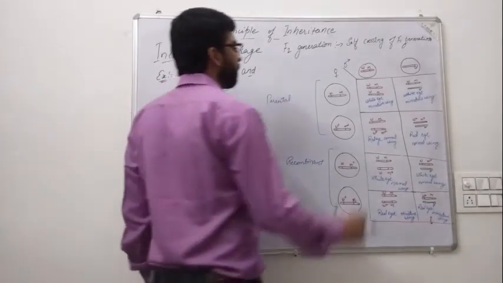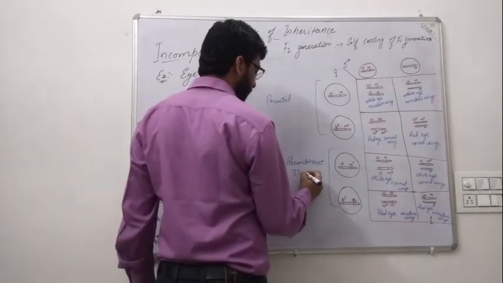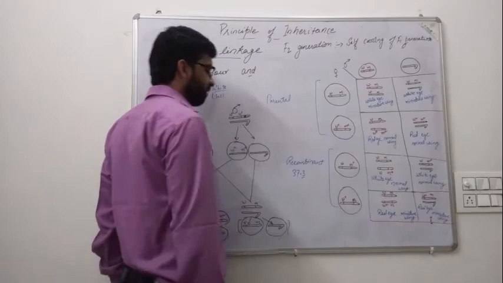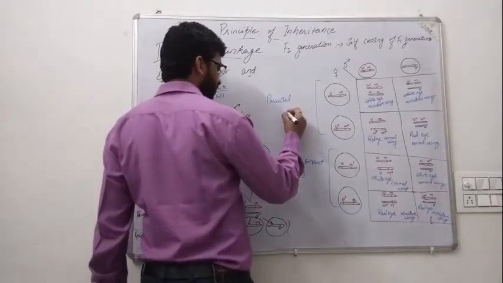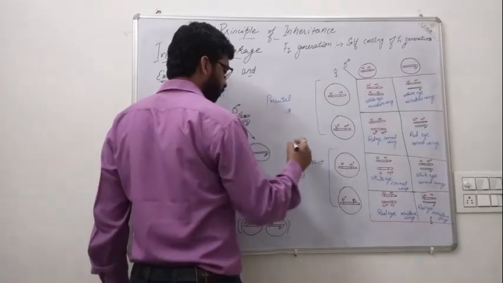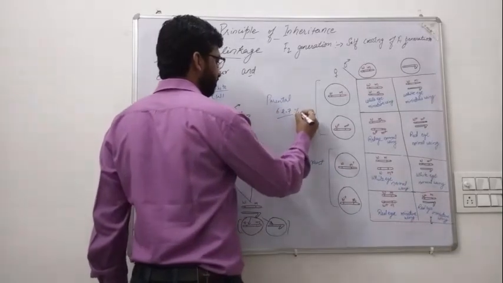And this, the recombinant is 37.3%, means all over it's 37.2%.